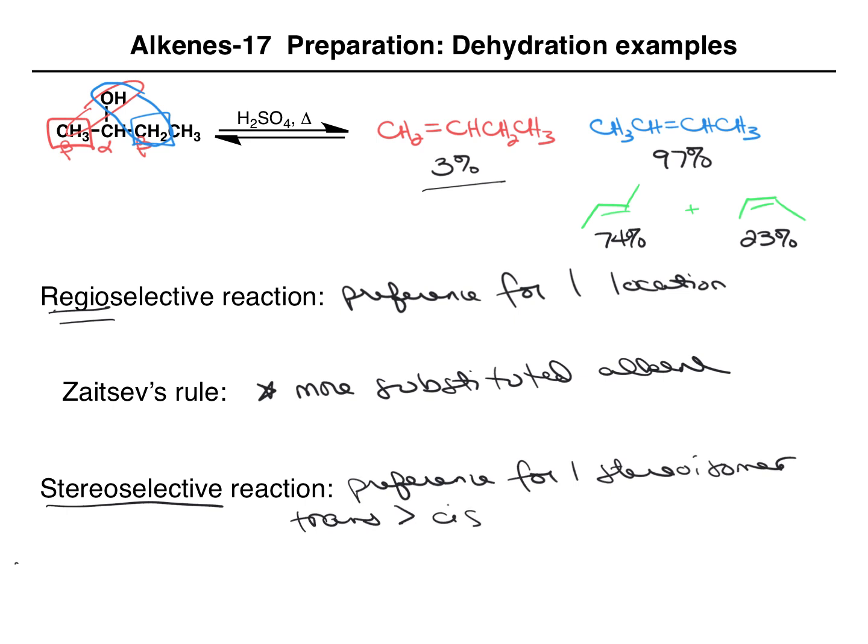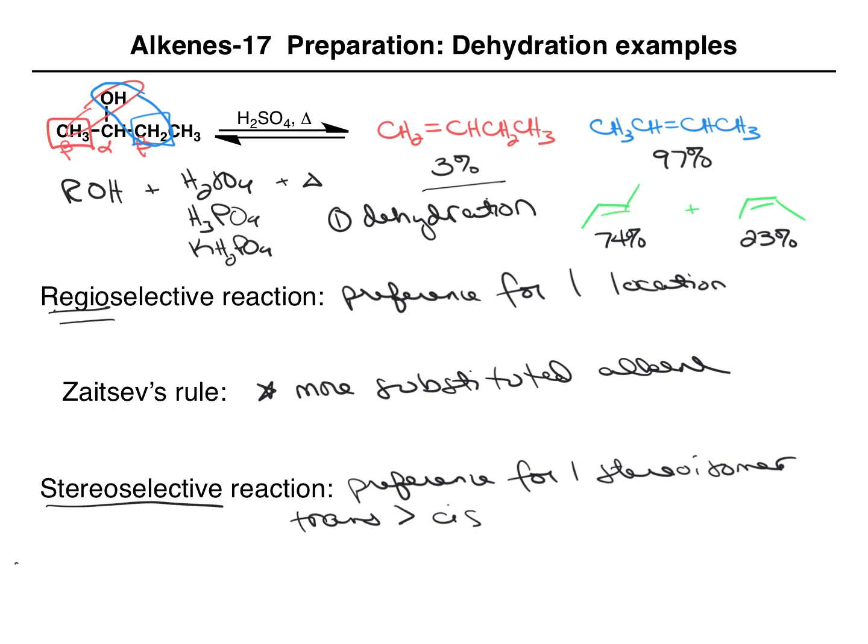Now, on the previous slide, I said that when we see an alcohol plus a strong acid plus heat, we should consider the possibility of dehydration. But now we need to add a little information to that. So when we see an alcohol plus acid plus heat, we need to think dehydration.